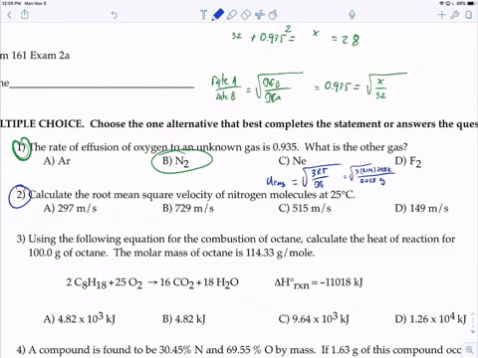I'm getting some huge answer. Wait a second. Oh, I know what I'm doing wrong. Too many zeros.